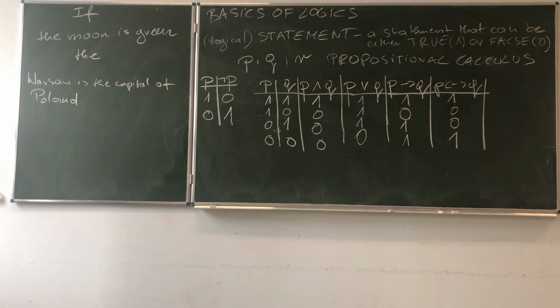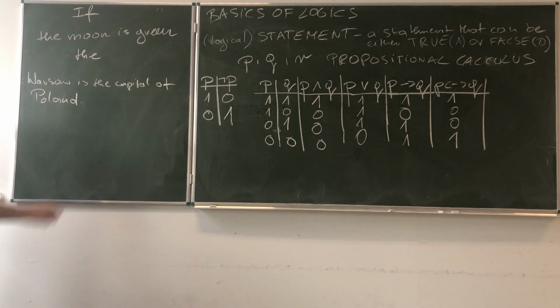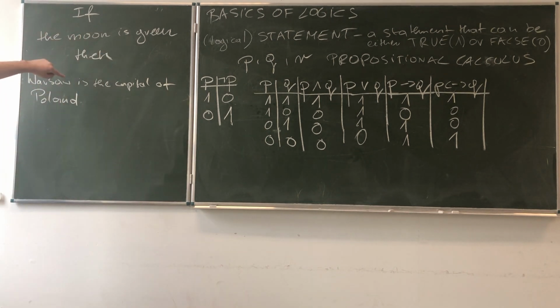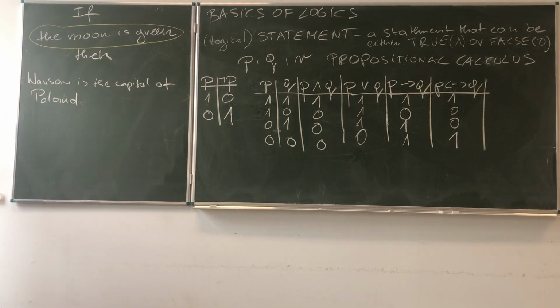Okay, so what do we see over here? We clearly see that we have implication, and we have two statements. Let's call the first one P.